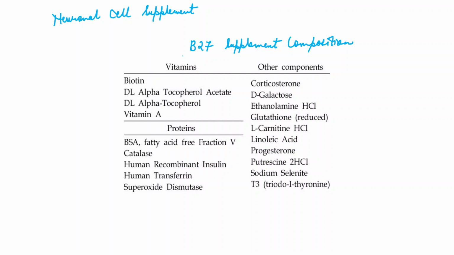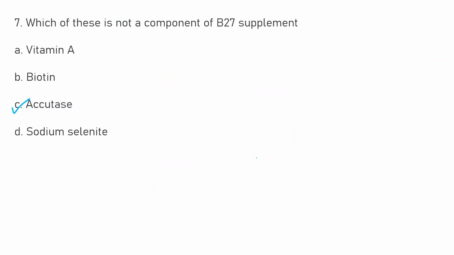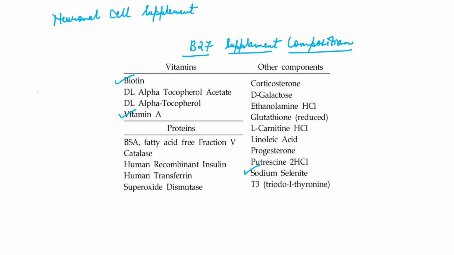Here in the composition table, you can see that it has biotin, it has vitamin A, and it has sodium selenite. Of the other options the question mentioned, it doesn't have accutase.